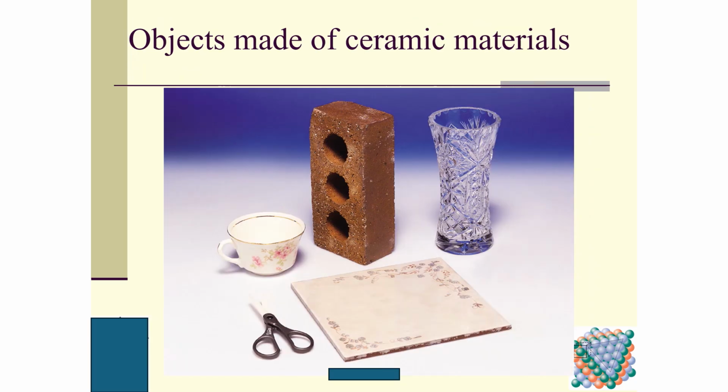This slide shows objects made of ceramic materials. We have this brick here, and these bricks are used for the construction of our residential or commercial houses. This is a vase, a tea cup, and a plate, and here are scissors.